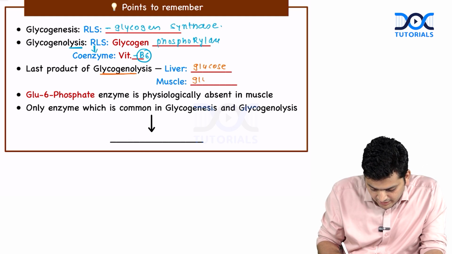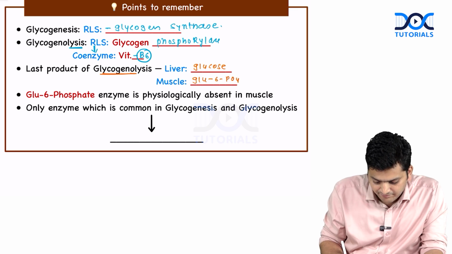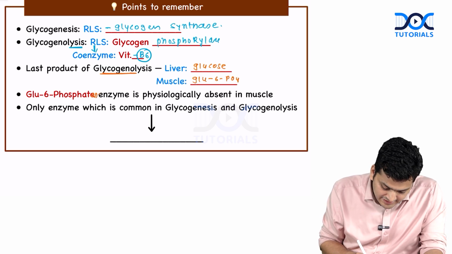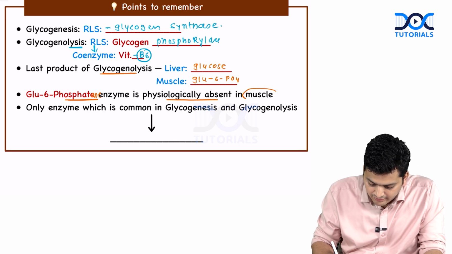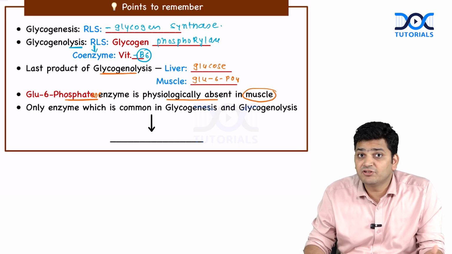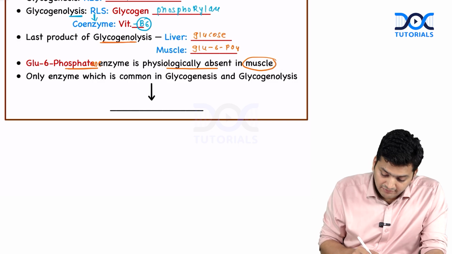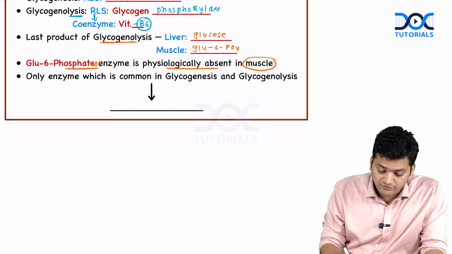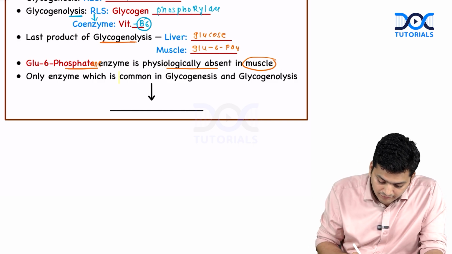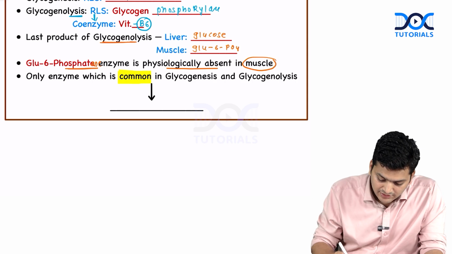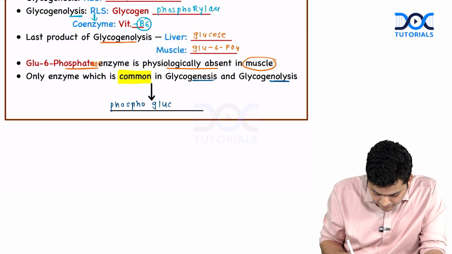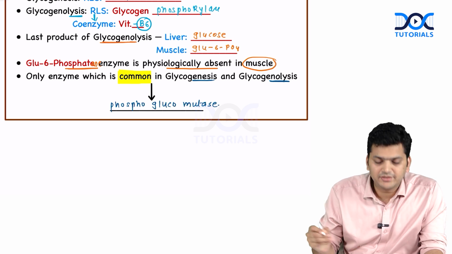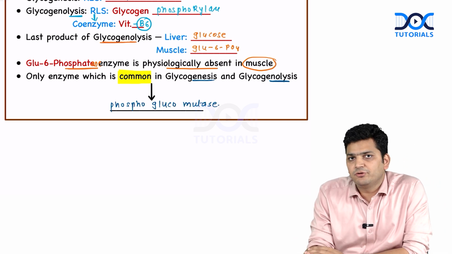But in the muscle, we generate glucose 6-phosphate. The glucose 6-phosphatase enzyme is physiologically absent in muscle, and that is why the last product is glucose 6-phosphate. The only enzyme common in glycogenesis and glycogenolysis is phosphoglucomutase. This is how things are going to happen.